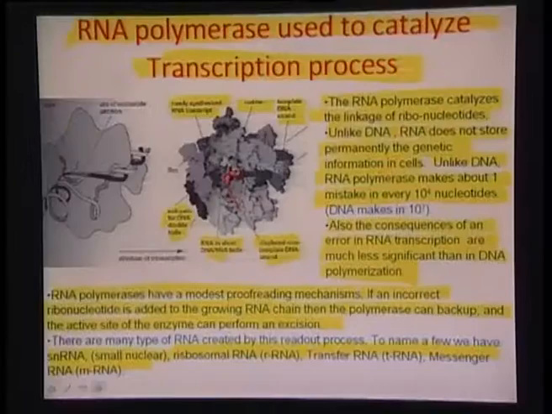So there is a cleavage of the inappropriately added nucleotide as and when the RNA polymerase is able to sense it. There is a confirmatory change, and based on that many types of RNAs could be created: ribosomal, small nuclear, transfer or messenger, different forms of RNA.